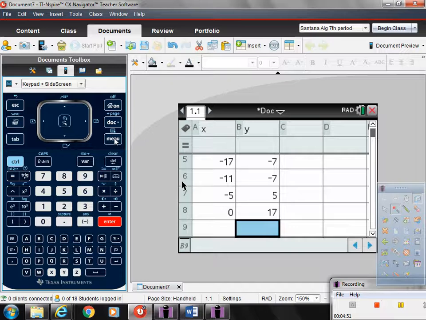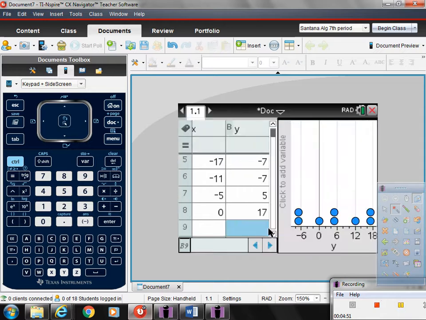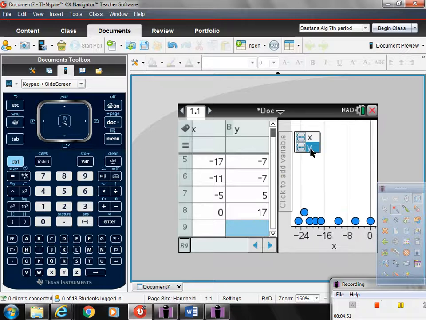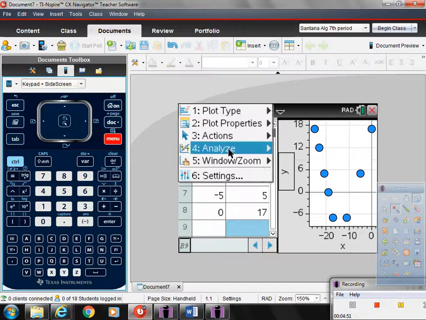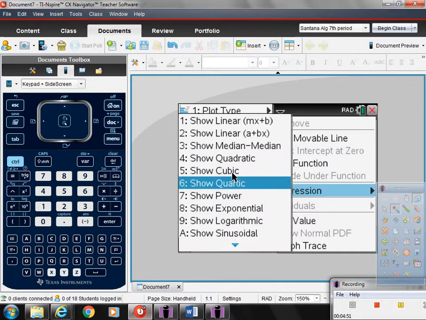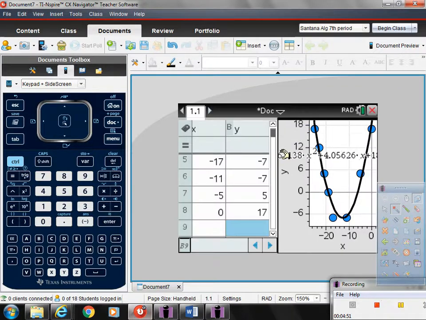All right, so let's do a menu quick graph. So menu, data, quick graph. Put this to the x-axis, this to the y. There's your quadratic. I'd want to get the equation, so menu 4, 6. Okay, it's a pretty crazy equation, but you can see the power of 2 there.